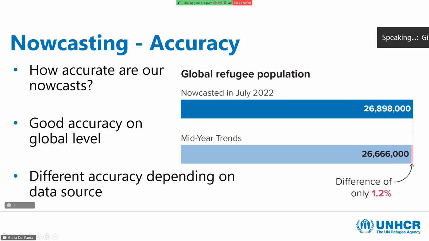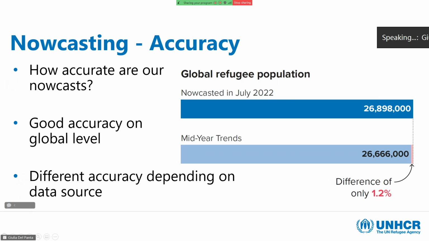So we estimated the data for June 2022 and July of last year. And the mid-year trends that show the June 2022 figures came out in November, so like 3 months later. And we compared what we had, and there was just a difference of 1.2%, which is really good because it means the nowcasting is doing a good job.